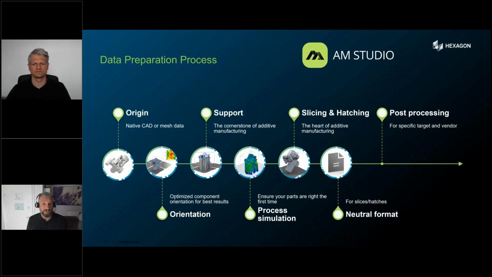This is really the heart of additive manufacturing. We control the whole laser paths and powers for the jobs, and then we write the neutral format and translate it to our 3D printers, to our OEMs and partners.